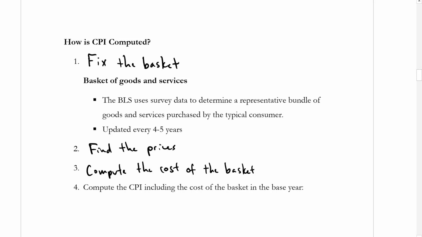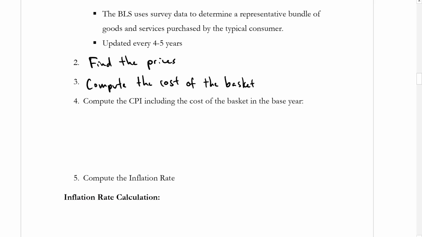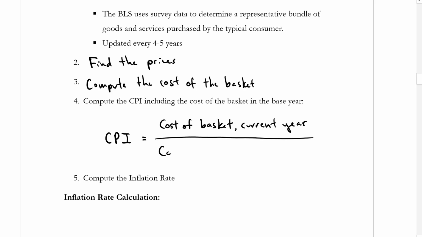And so to do that, you use the following formula. The consumer price index is equal to the cost of the basket in a current year divided by the cost of the basket in a base year.